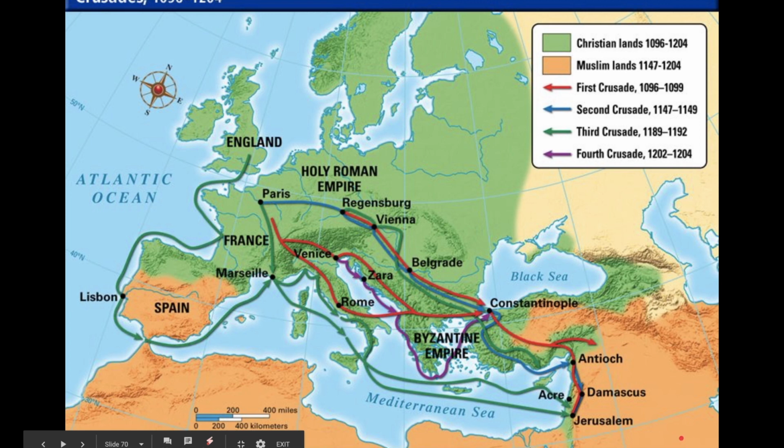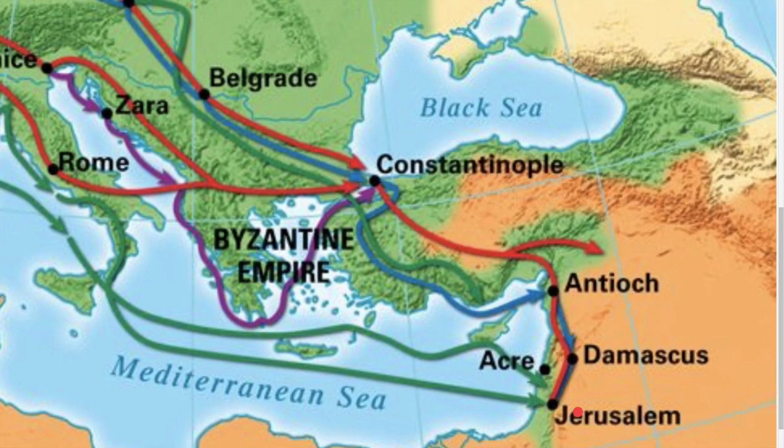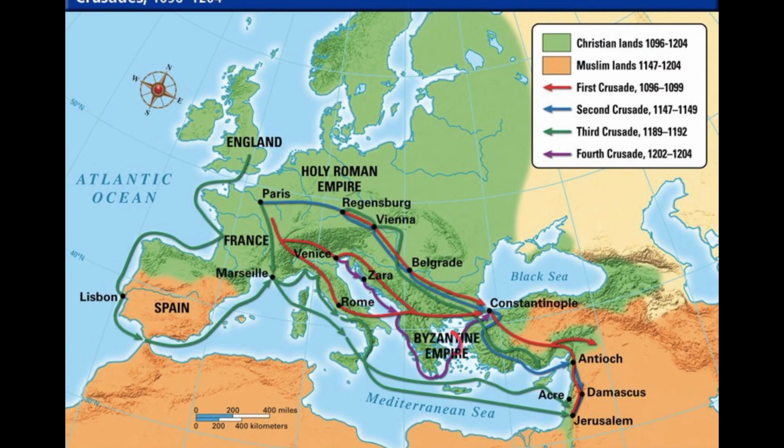Okay, the Arabian Peninsula, and that's where Islam actually started. You'll see that on a map coming up. This map right here that I have pulled up, this is just another map similar to the one I just showed you. I just wanted to zoom in on Jerusalem here, and also the Byzantine Empire.